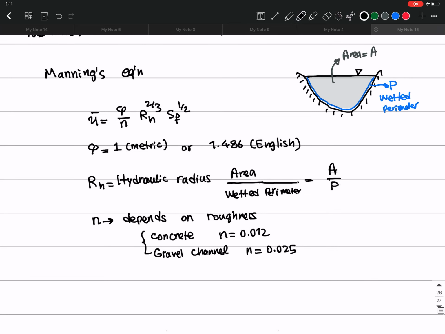Okay. So this is the relation for Manning's equation, which is kind of an empirical equation. And SF is just the friction slope, which I'm going to talk about.